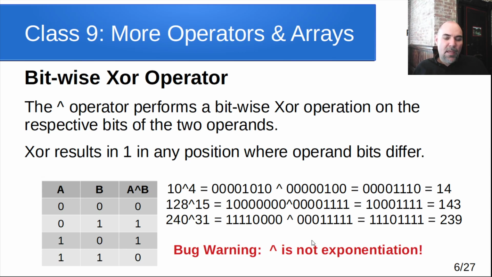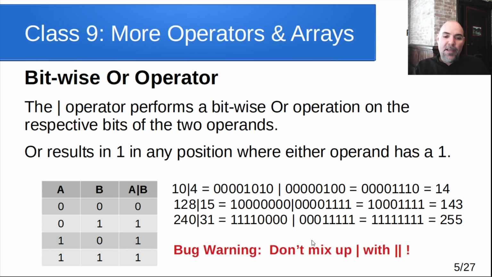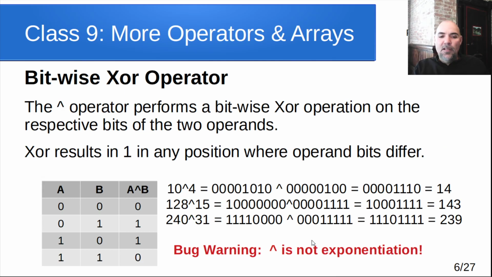And XOR has a number of uses. It can actually be used in things like random number generators. We'll not talk about that now, but the bug warning here is different than the other ones. Remember over here we had OR, don't mix up the bitwise OR with logical OR. Over here there is no logical XOR.